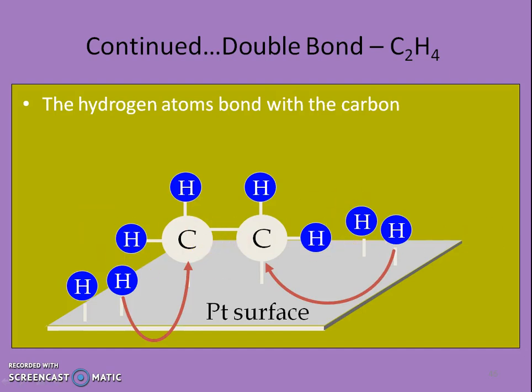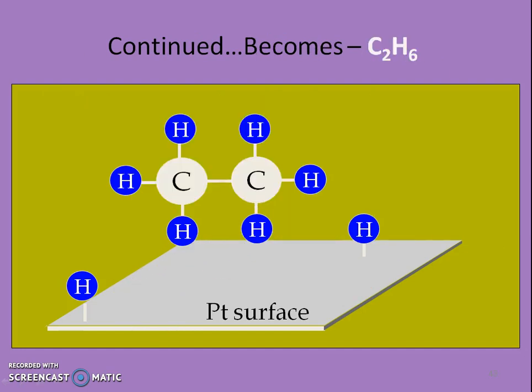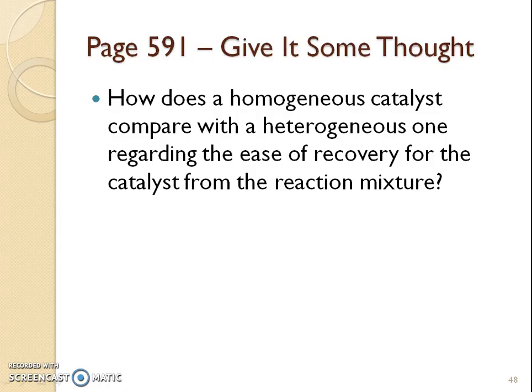We move some H's around here, and then we go from that double bond to a single bond. And this catalyst kind of helps that process out. So that would be an example of hetero, because we have a solid metal surface, and we have these gases that are being catalyzed. So give it some thought, read the question, pause, and see if your answer is correct.